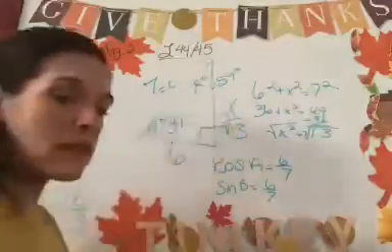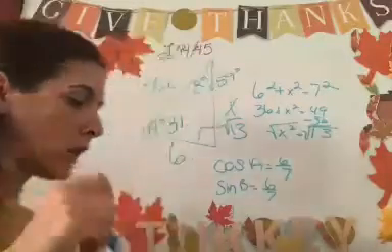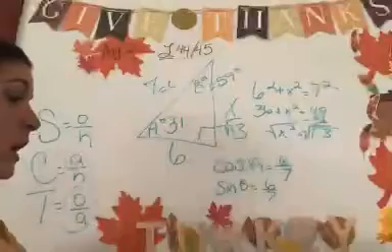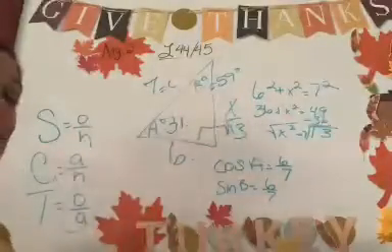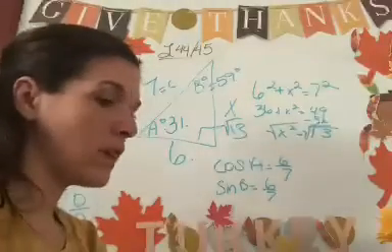We can check that really easily because we can go 59 plus 31 plus 90. Woohoo! 180 degrees is what the answer is. So that means that your angles are perfectly fine inside. There you go. Go ahead and try your practice. I'll come back and give you the answers and we'll move into lesson 40.